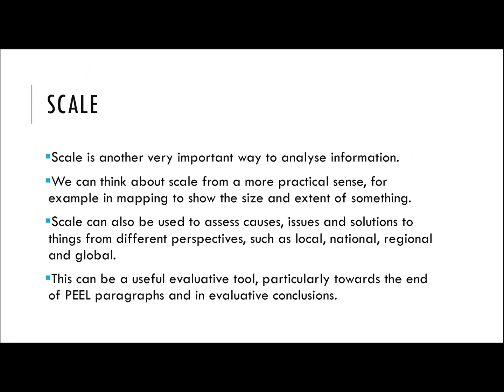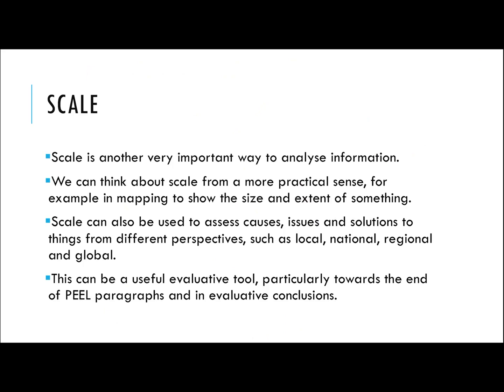So the second big concept, space is one, scale is the second one that's very important as a way to analyse information. Now we can think about scale in a more practical sense. For example, maps will always have a scale that shows the size and extent of something, and likewise with graphs.